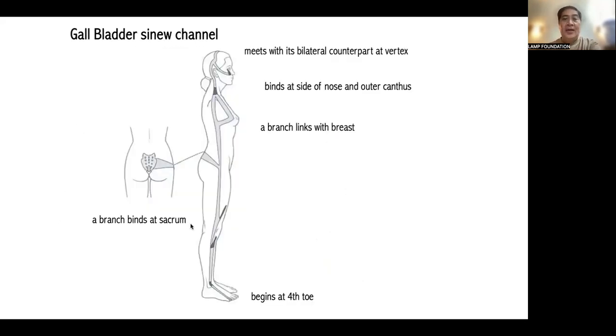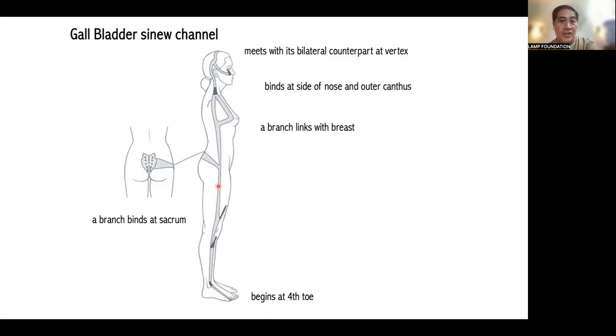Okay? Lastly, we have the muscle channel or the sinew channel of the gallbladder. So, where does this start? It begins at the fourth toe, and then it joins with the external malleolus, and then it proceeds up the lateral aspect of the leg, where it connects with the knee. A branch starts at the upper part of the fibula and then ascends along the thigh.